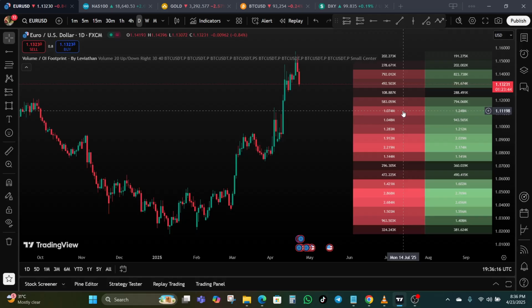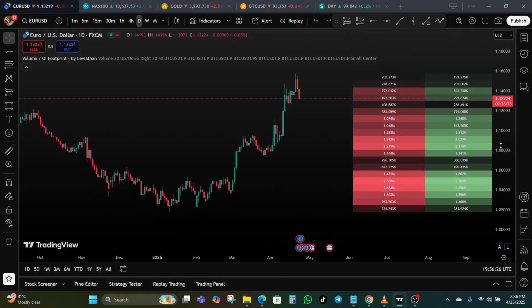In a footprint chart, you look for volume clusters. These are high activity price levels. If volume is high, price is rising, but open interest is falling, it may be a trap or exit liquidity.